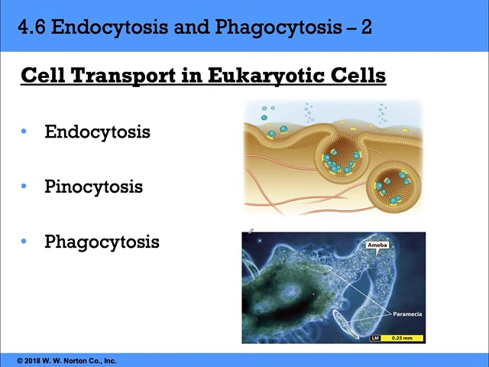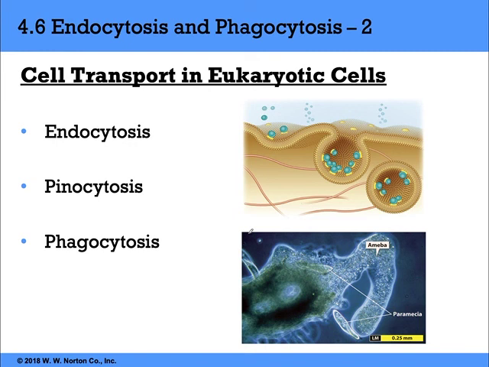So in some cases, there are receptors on the cell membrane that bind a particular chemical, and that receptor-mediated attachment of the chemical to the receptor triggers the production of a vesicle that then travels around inside the cell to a particular location.